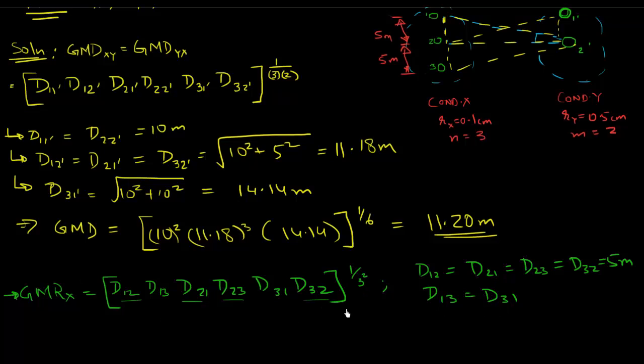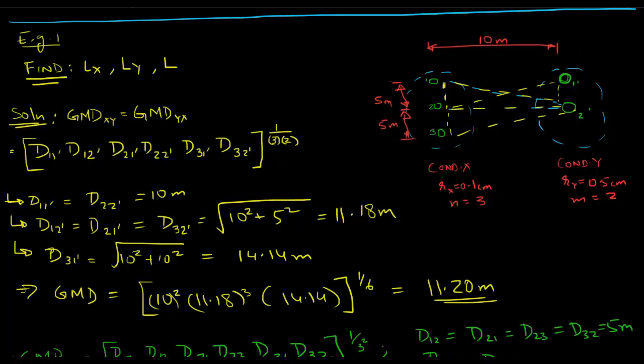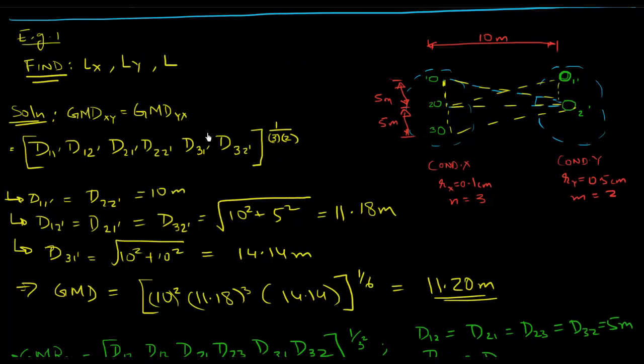And there is something I'm forgetting in here. The one thing you need to always remember is the number of products inside this bracket will always be equal to the product they're raised to. So GMD will always have m times n products, and I mentioned that in one of the videos.